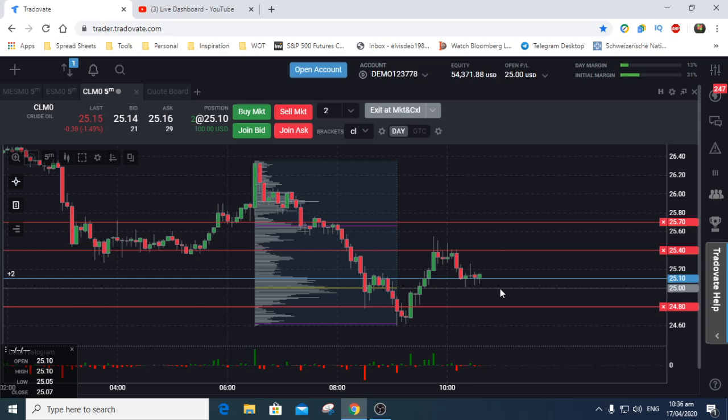Looking for the one-to-one initial trade. Once we get that one-to-one, then we can manage to the secondaries. Always make sure that your one-to-one are your first exits. Do not over leverage, over risk in trade.